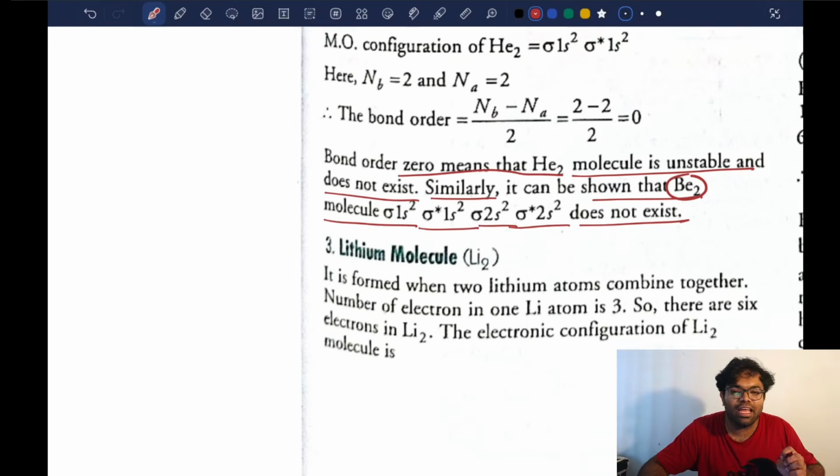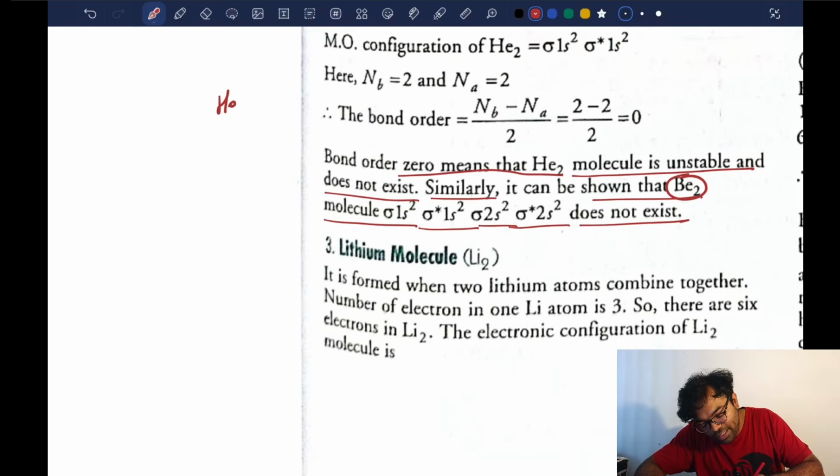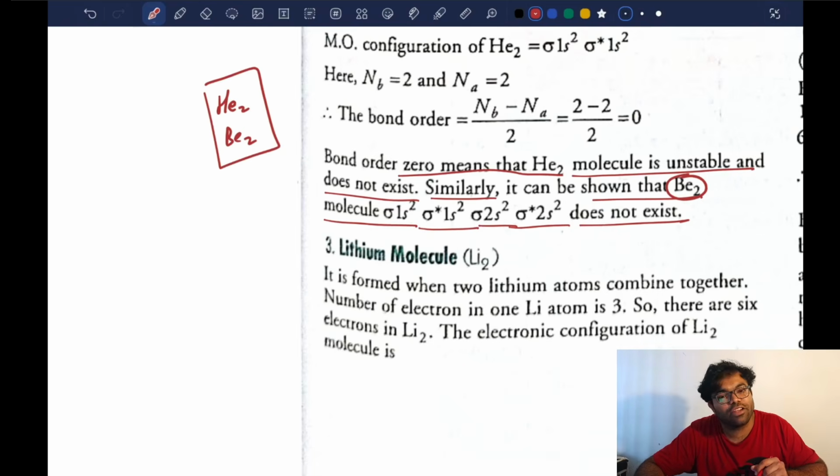So Nb minus Na becomes 0. The bond order becomes 0. So the molecule will not exist in nature. Am I clear? If they ask you why He2 or Be2 does not exist, this is the reason that you have to provide.